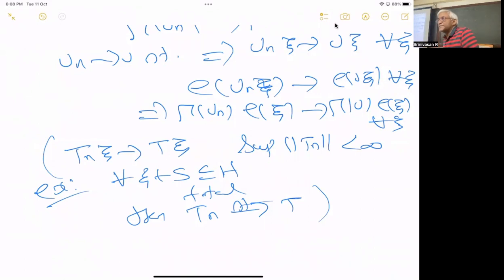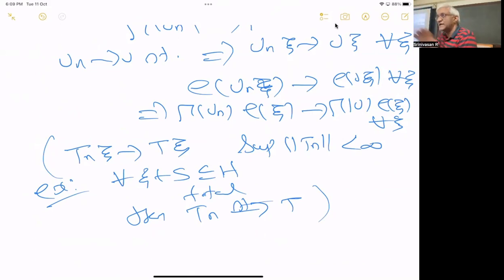If T_n xi converges to T xi for a total set of vectors, then it's true for any linear combination of that. So it happens on the dense subspace. Now you take any vector in H, then there's a sequence converging to that. For each point in the sequence, T_n xi will converge to that. You have to say that it happens for the limit.